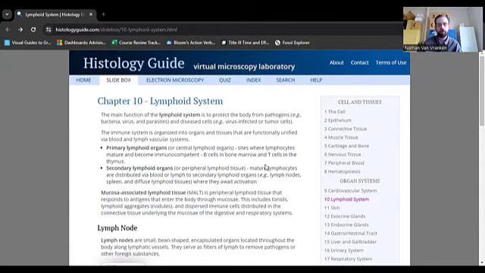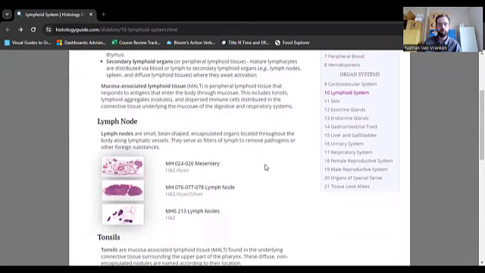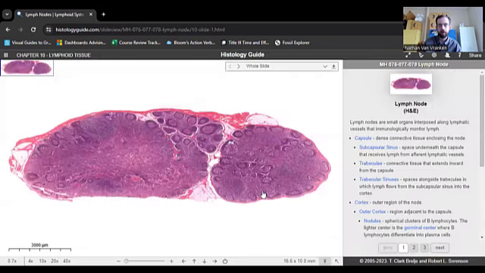I'm using our virtual microscope slide set where there are some very good high resolution slides where you can go and learn and investigate the microanatomy of different structures found in this body system, such as we can take a look at the lymph nodes here.